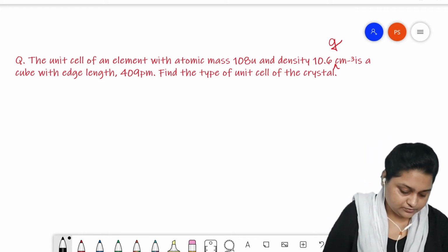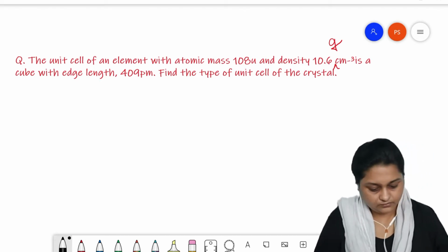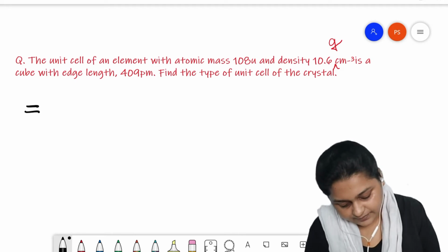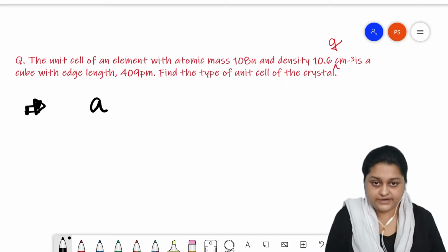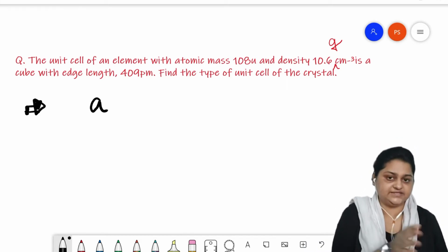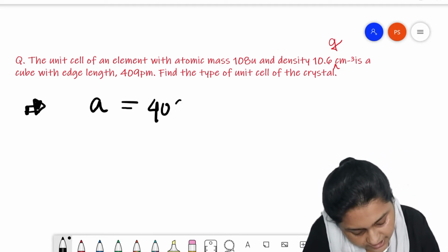Now, before doing that, we need to understand that the edge length a has been given in picometer unit. We need to convert that into centimeter because our density has been given in the CGS unit. Now a is 409 picometer.